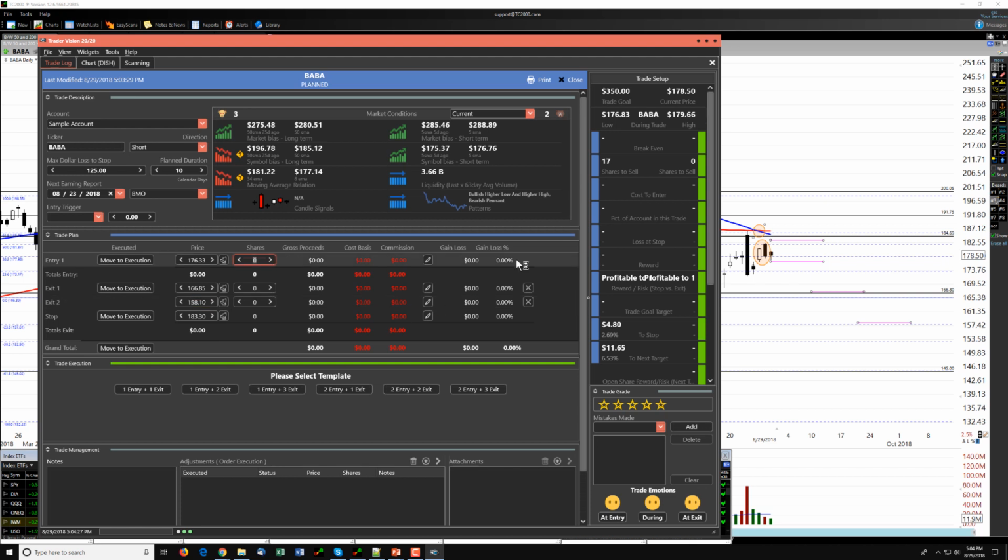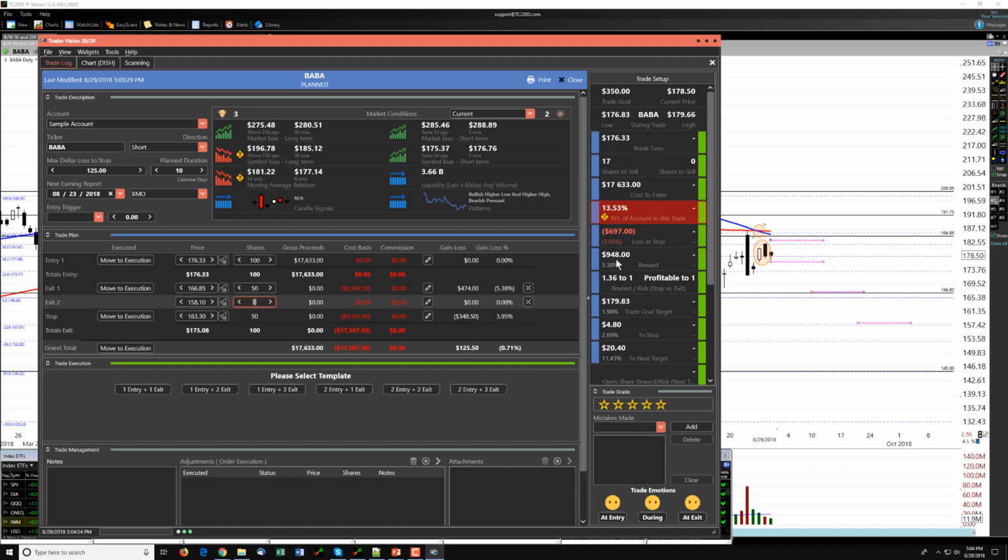It's going to tell us with this small account almost no shares, but let's just plan it with 100 shares for grins. Again, that's going to be too big for this account, but let's ignore that for the moment. If you could do that, you'd be risking almost 700 bucks for a chance to make 950 bucks at that first target.